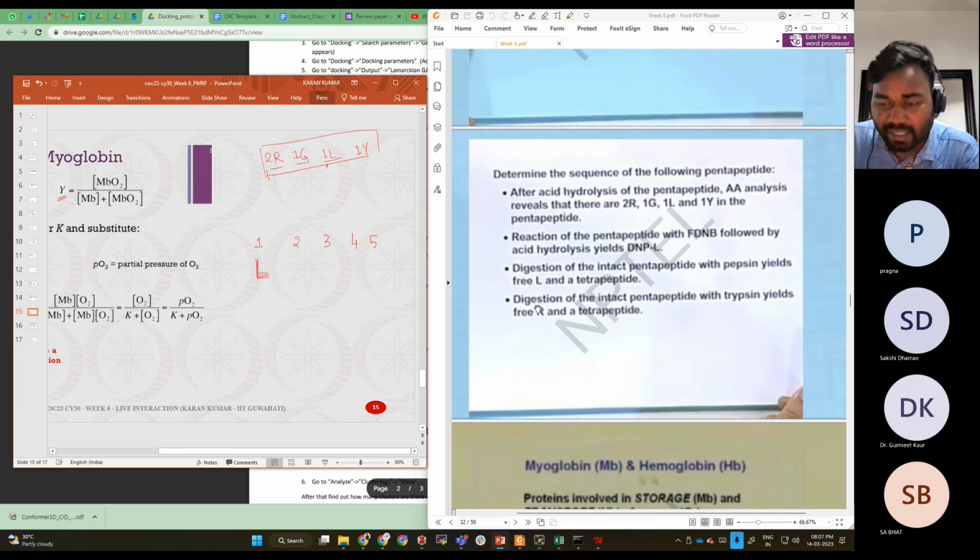Now the fourth reaction has given the digestion of intact pentapeptide, without doing any of this. Digestion of intact pentapeptide with trypsin yielded free R and a tetrapeptide. What does it suggest? Where will we place R? Where does trypsin digest?